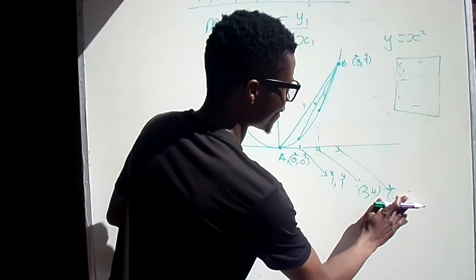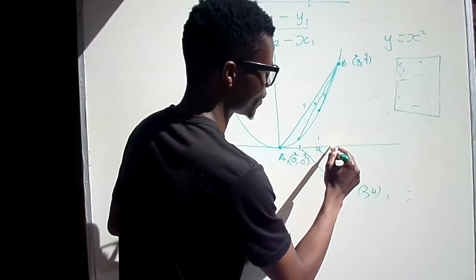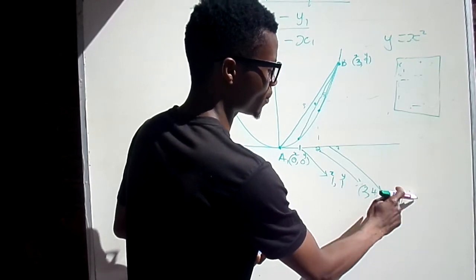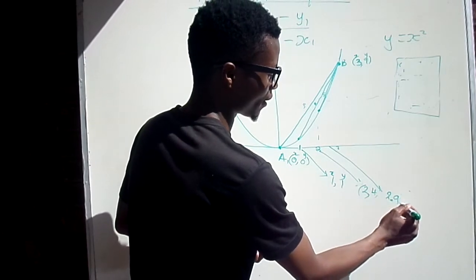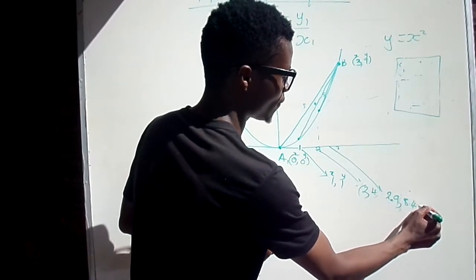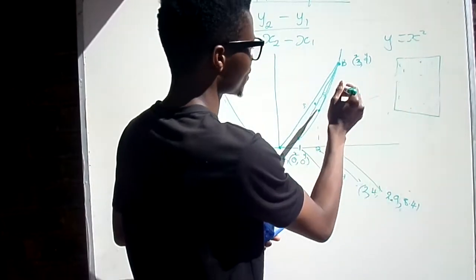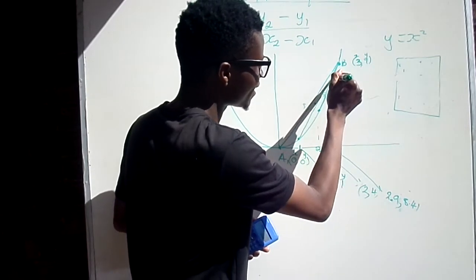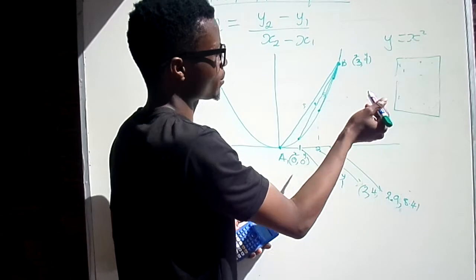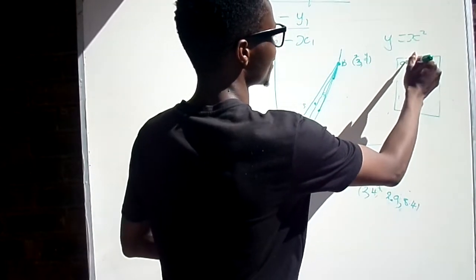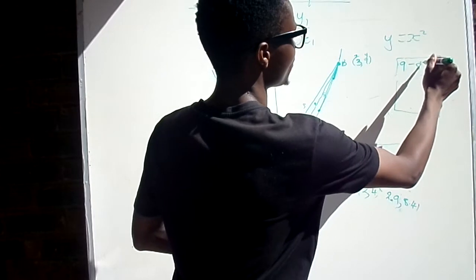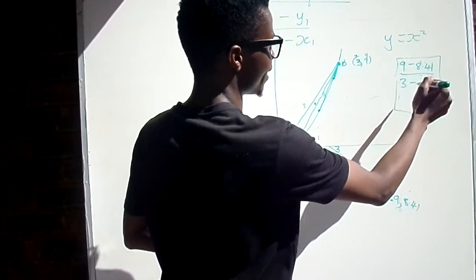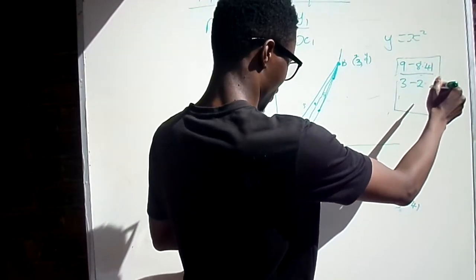So when x is 2.9, I'm just looking for the value that is closest, the corresponding y is 8.41. So now we have these coordinates, probably closest to 3 is somewhere right here at this point. That's getting closer, right? So we have y2, that's 9, minus y1, which is 8.41, over x2 is 3 minus x1, which was 2.9.